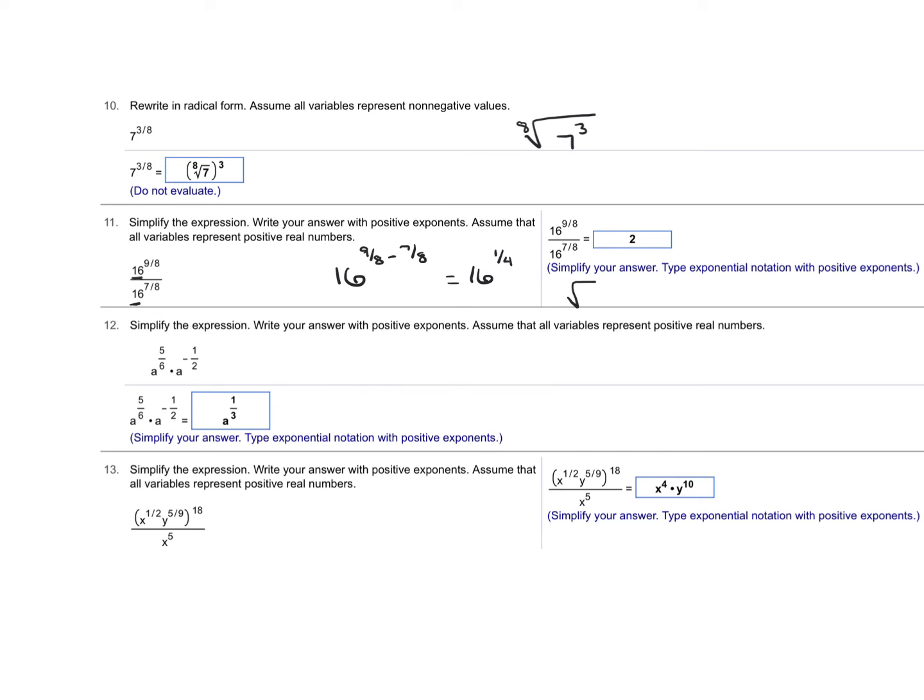So this is asking for the 4th root of 16. Remember that 16 is 4 times 4, and 4 times 4 can become 2 times 2 times 2 times 2. So the 4th root of that is just a 2.